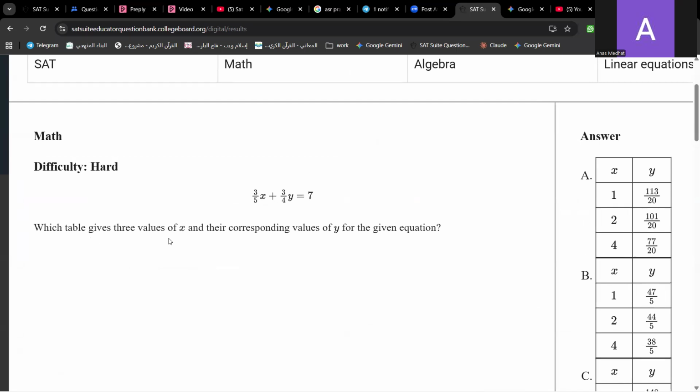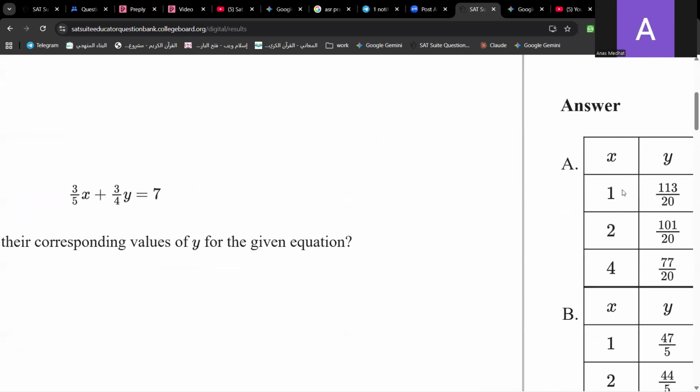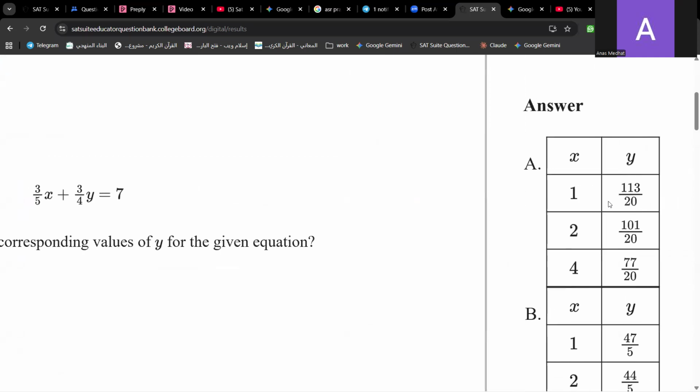Which table gives 3 values of x and their corresponding values of y? The same question we solved earlier. Just substitute and find. Let's do it. The value of x is 1. Let's check this. 3 over 5 plus 3 over 4 y equals 7. Shift this to the other side.